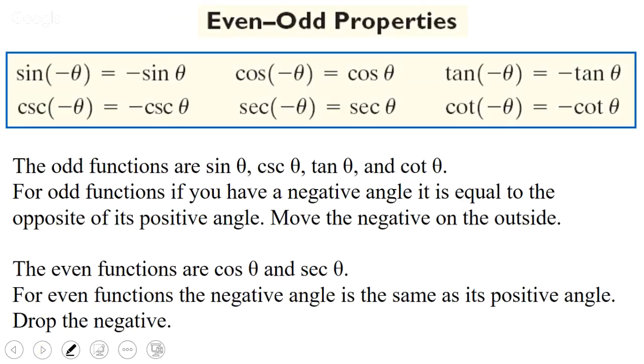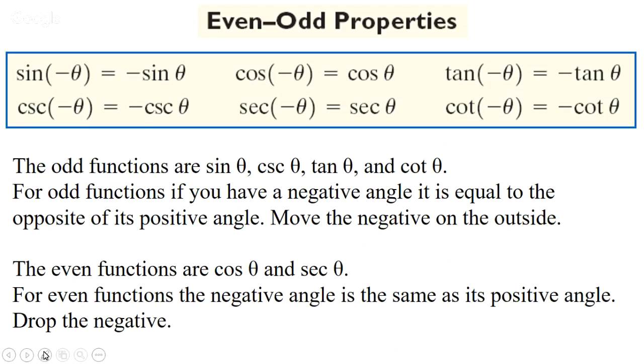Even and odd properties. If you remember back in chapter 1, we talked about even and odd properties a little bit, where if I have an even function and I have a negative on the inside, so if I have a negative x, then it's going to be a negative y for the same value.